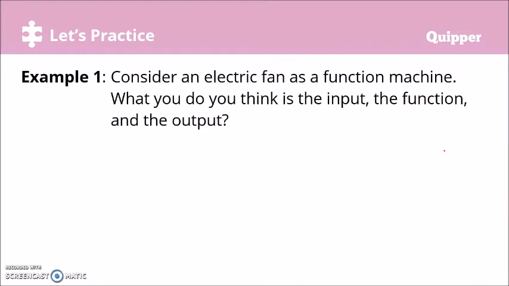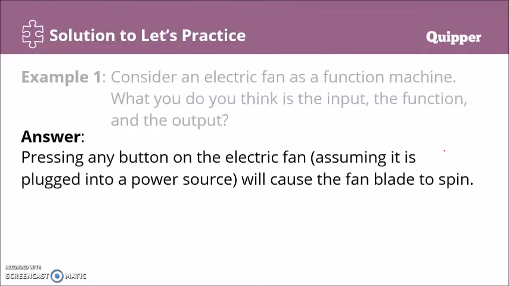Let's have this example. Consider an electric fan as a function machine. What do you think is the input, the function, and the output? Sige daw. Pressing any button on the electric fan, assuming that it is plugged into a power source, will cause the fan blade to spin. If you notice, most of the fans, electric fans, have usually 3 or 4 buttons.